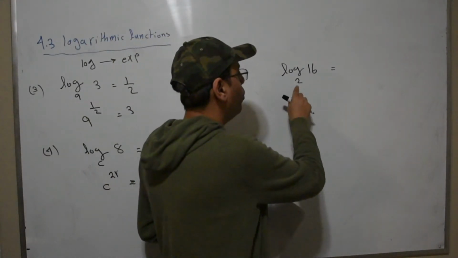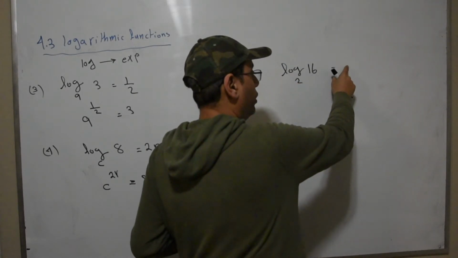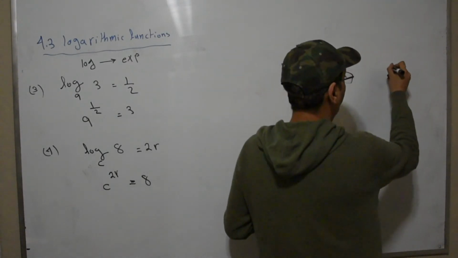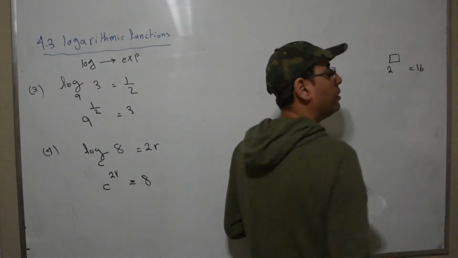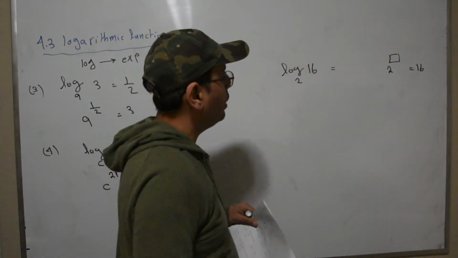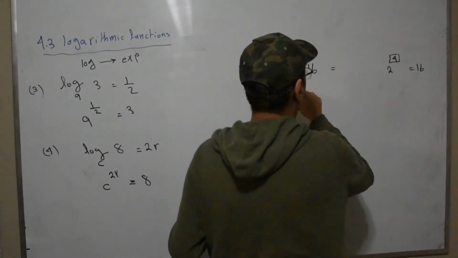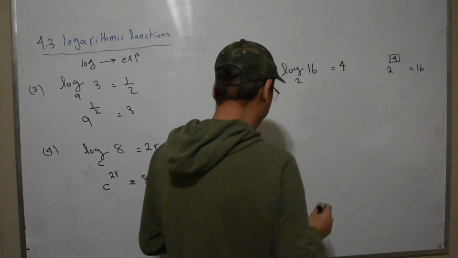I'm looking for the exponent: 2 to what power gives me 16? So I write it this way, 2 to what equals 16. So basically 2 to the 4 equals 16. So the answer, log base 2 of 16, is 4.